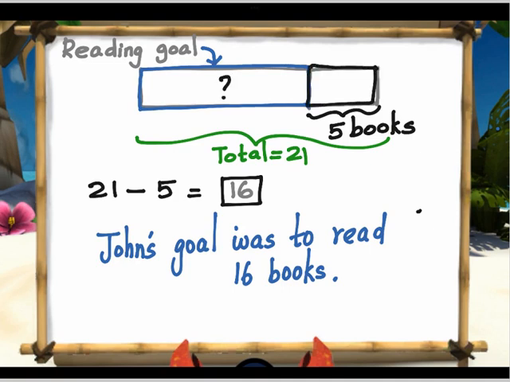So to find this part, you just have to subtract the one part from the total to find the other part. So that is what we have done in this question. 21 minus 5 is 16, and John's goal was to read 16 books.